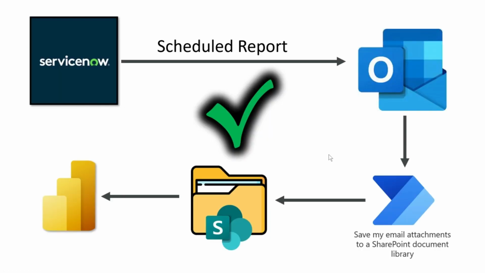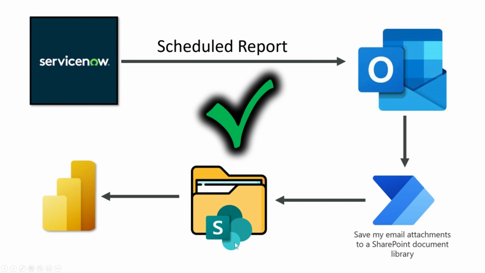Now just an overview of the process we've set up. So we've taken our data from ServiceNow using a scheduled report, which sends an email to our Outlook with an attachment of the data we need. We've then set up a Power Automate flow to detect email attachments and save them to our SharePoint document library.